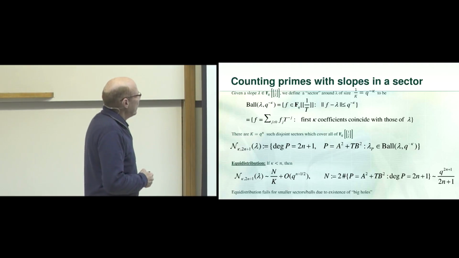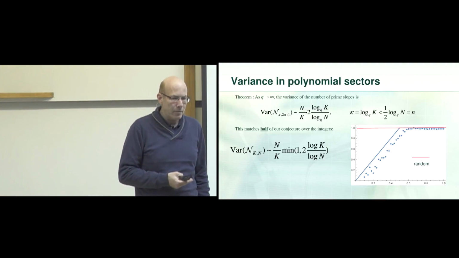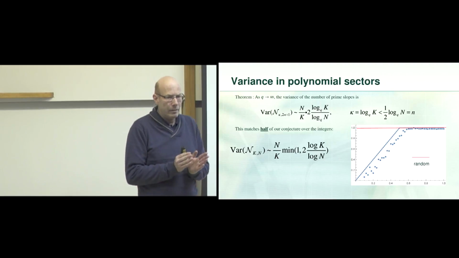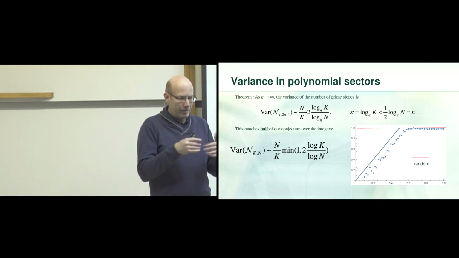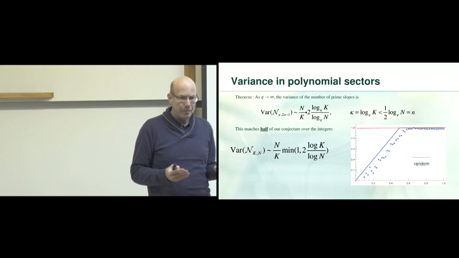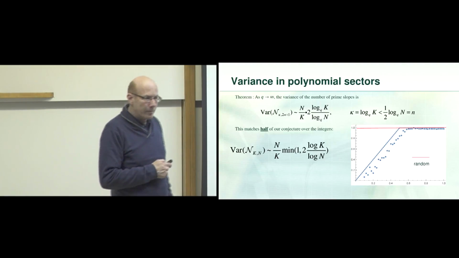Okay. And now let's play the game of computing the variance. So you divide the possible slopes into bins, average over the bins, and compute the variance of the number of slopes which lie in a given bin. And here we play this game in the limit of q going to infinity.